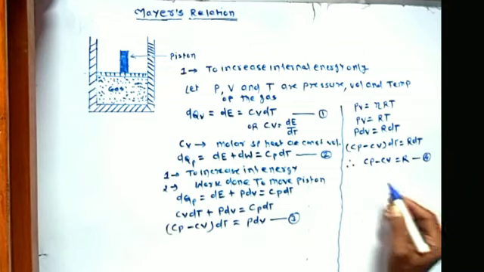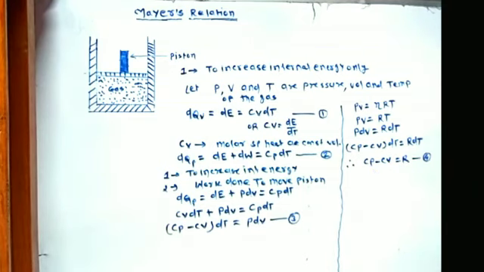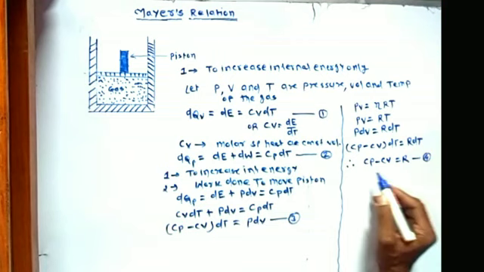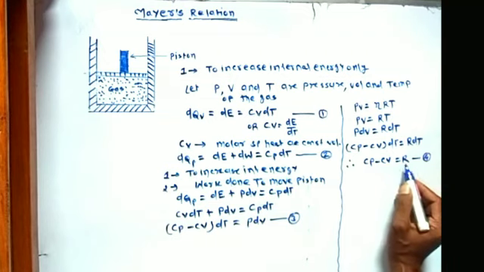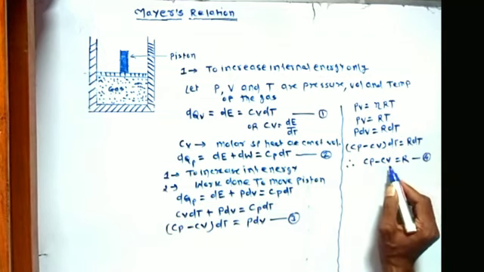From this equation, it shows that the specific heat at constant pressure is always greater than the specific heat at constant volume.